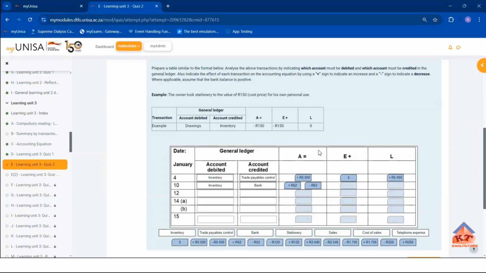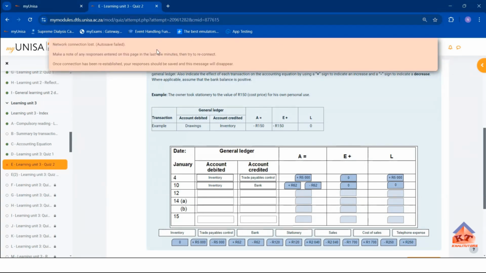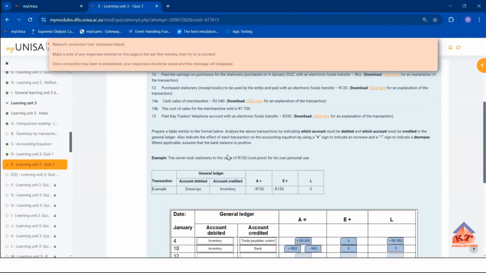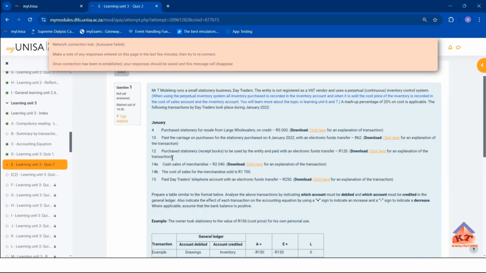Nothing is going to happen in terms of our equity, and also nothing is going to happen in terms of our liabilities. So you are basically done with this transaction. As you can see here, I've just lost my internet, but don't worry, this is not going to deter us from what we are supposed to do. Let's read the next transaction.